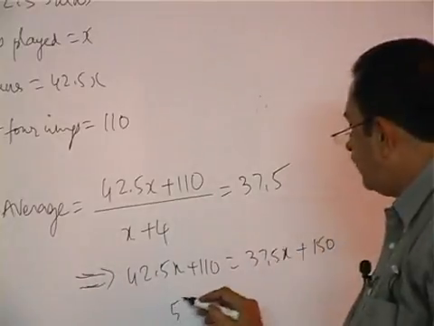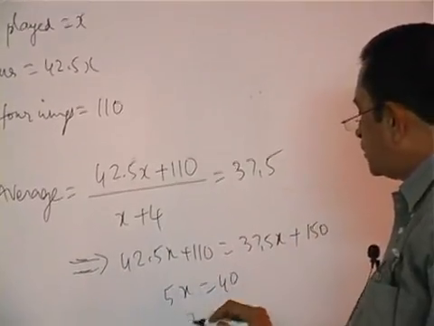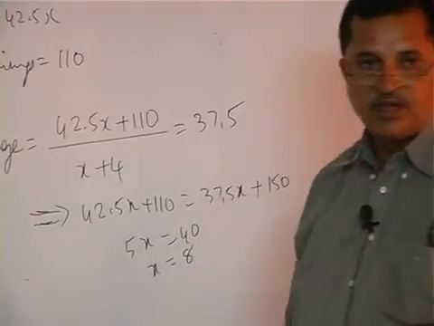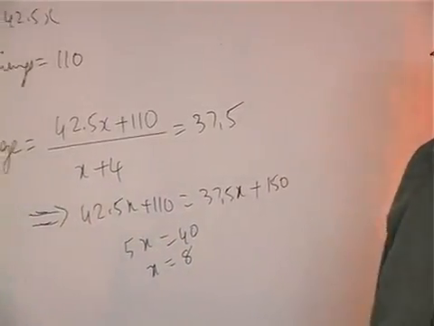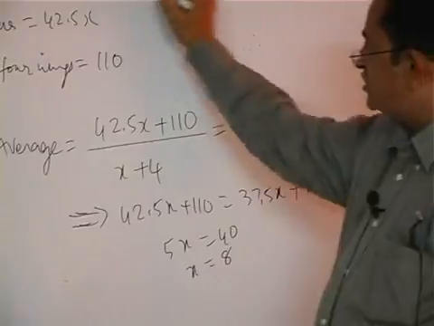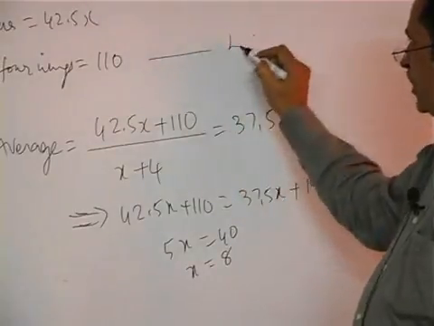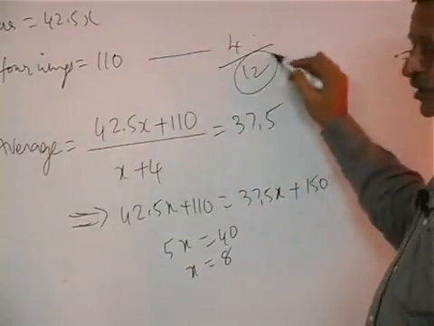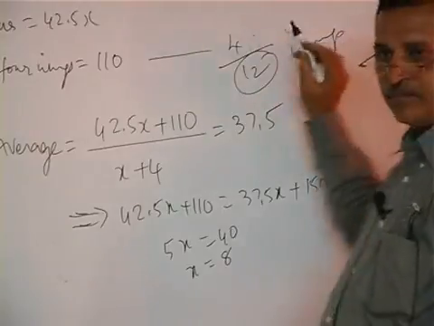Comes this side, 5x is equal to 40, x is equal to 8. How many innings in all did he play? This is 8 plus the 4 innings he played. Totally, 12 innings he played.